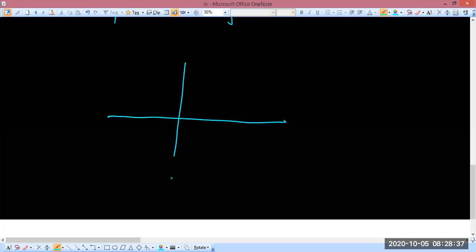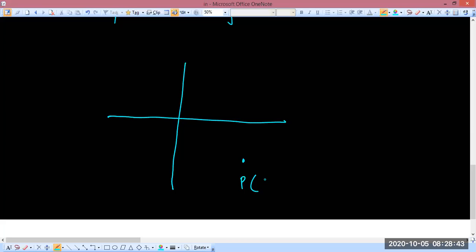Try this now. Suppose we draw a vector from, let's say, this point P, which is in the fourth quadrant, so 5 comma -3, to maybe somewhere here, let's say Q, so that this is minus 1 comma 7.